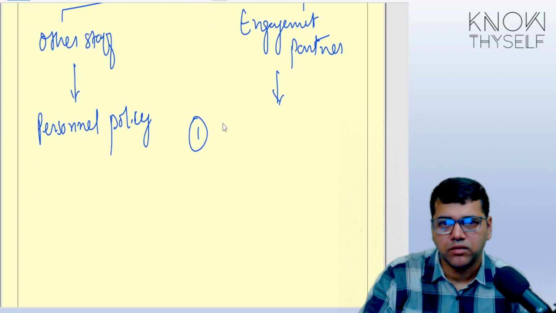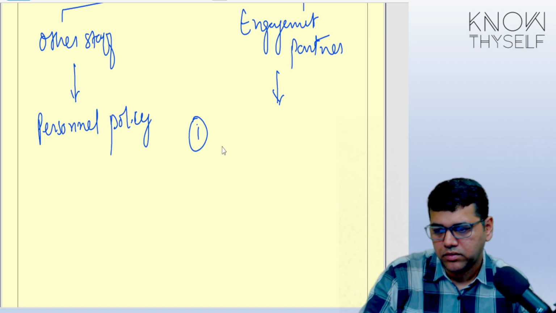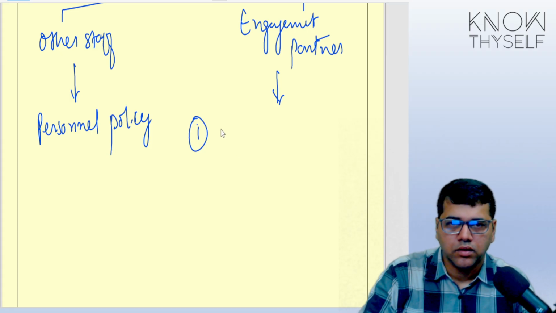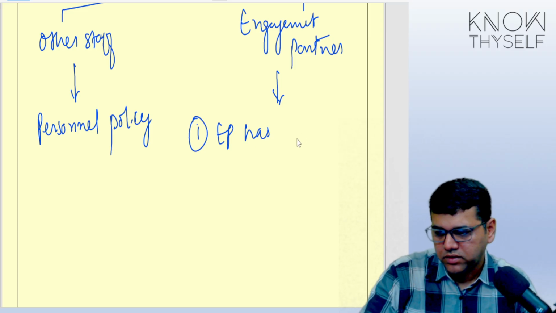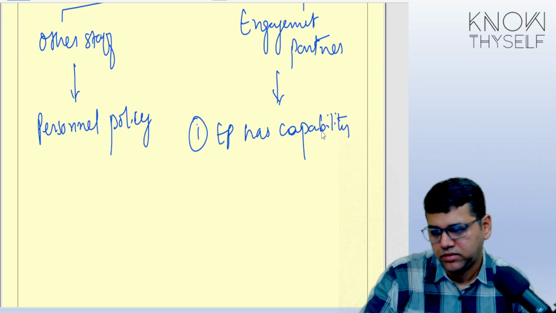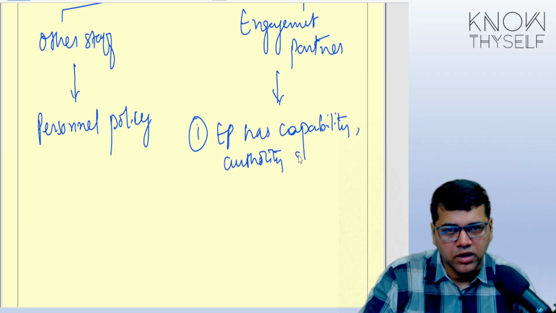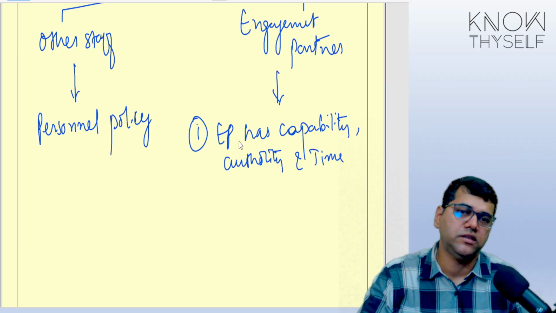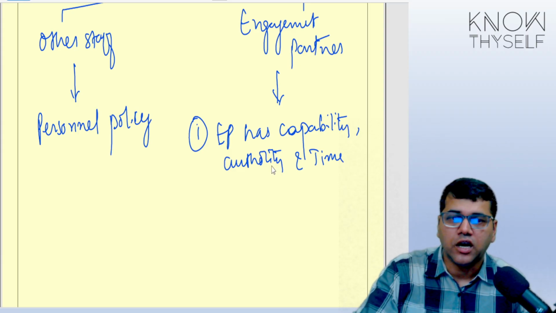One, the EP, engagement partner, has capability, authority, and time. Whoever you are going to nominate as an engagement partner should have capability, authority, and time.